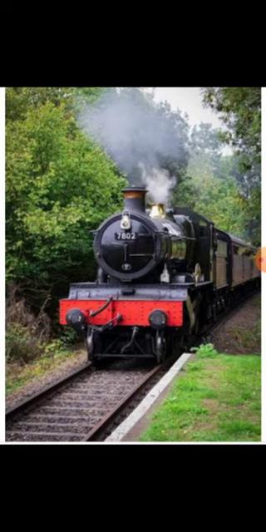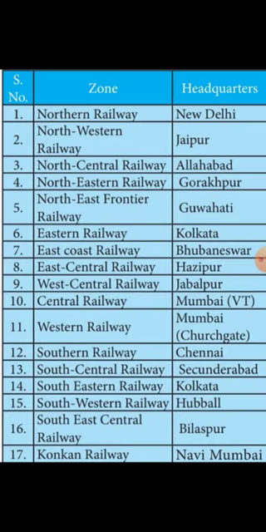Then the Indian railways are divided into 17 zones. What are the 17 zones? Have you remembered, students? Now let me recall the 17 zones and their headquarters. The first one is Northern Railway, headquarters New Delhi. Then North Western Railway, Jaipur.